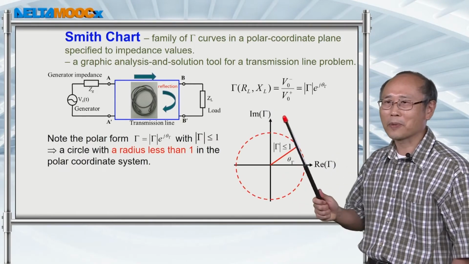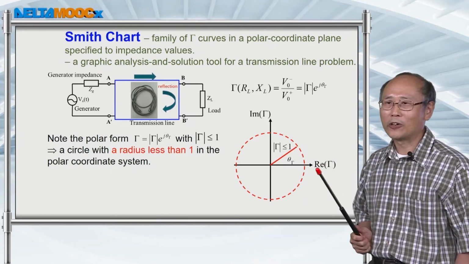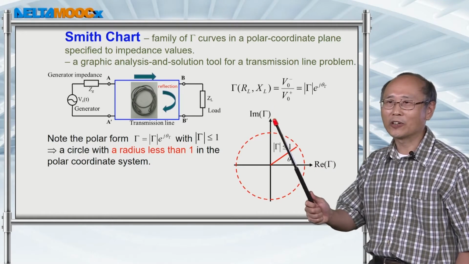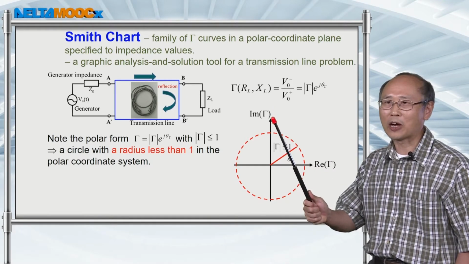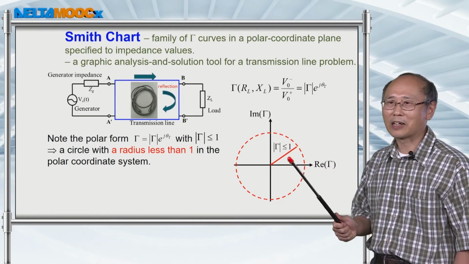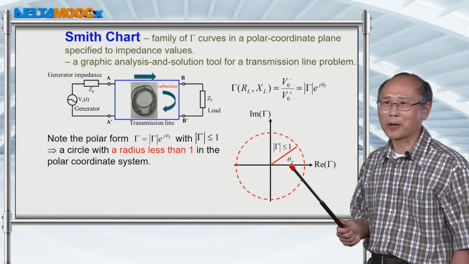If you plot this gamma on this polar coordinate system, with the horizontal axis being the real part of gamma and the vertical axis being the imaginary part of gamma, you'll end up with a gamma somewhere here with the angle theta gamma.